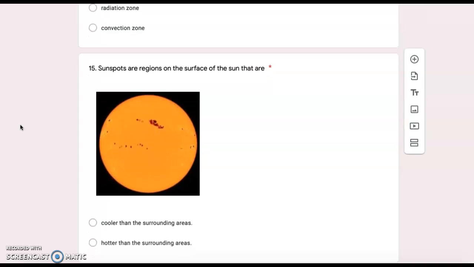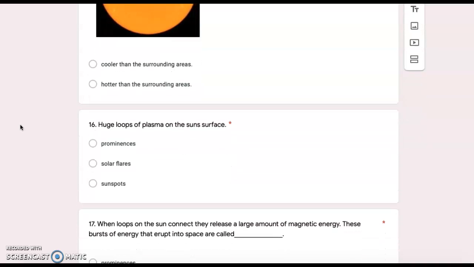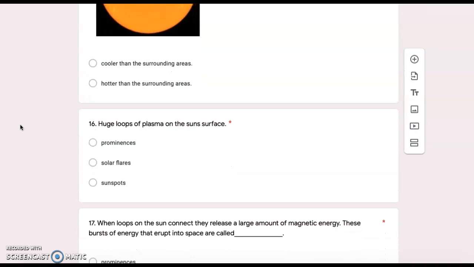15. Sunspots are regions on the surface of the sun that are cooler than the surrounding areas or hotter than the surrounding areas. 16.